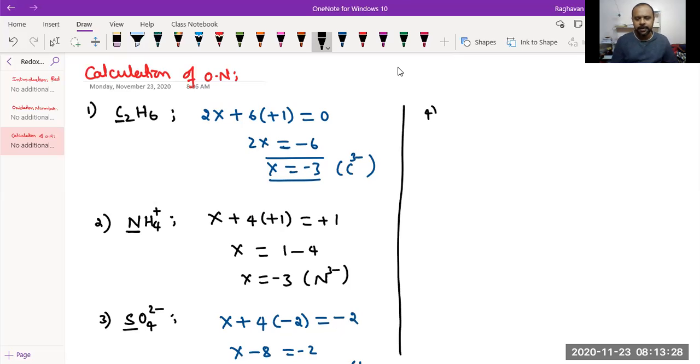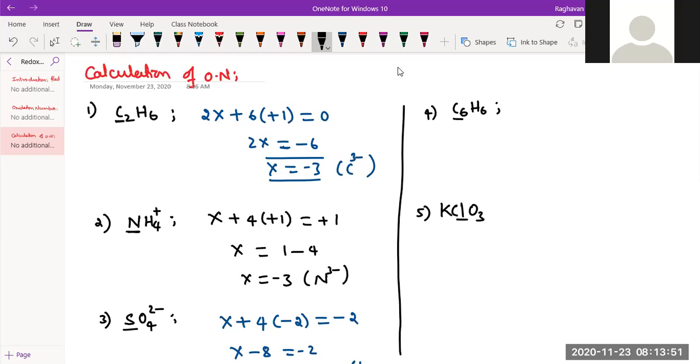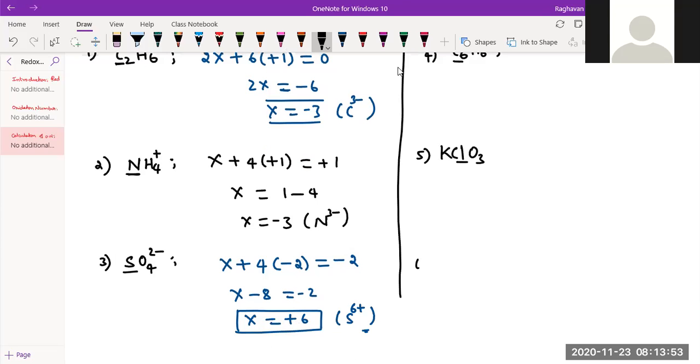Fourth one, take down. Therefore, carbon in the first one is -1. You calculate. No problem. We'll come back and verify everything.